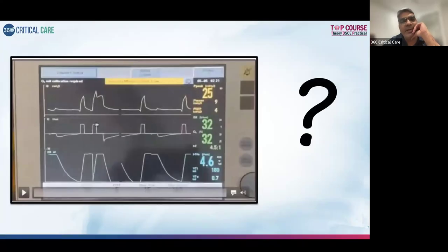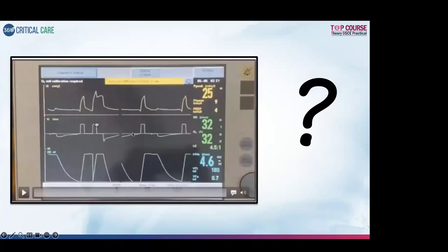Example, any question, any suggestion what's happening in this? Anyone wants to answer? It's a double triggering, sir, because in the pressure time scalar, after the inspiratory peak, there is again one more upward waveform.